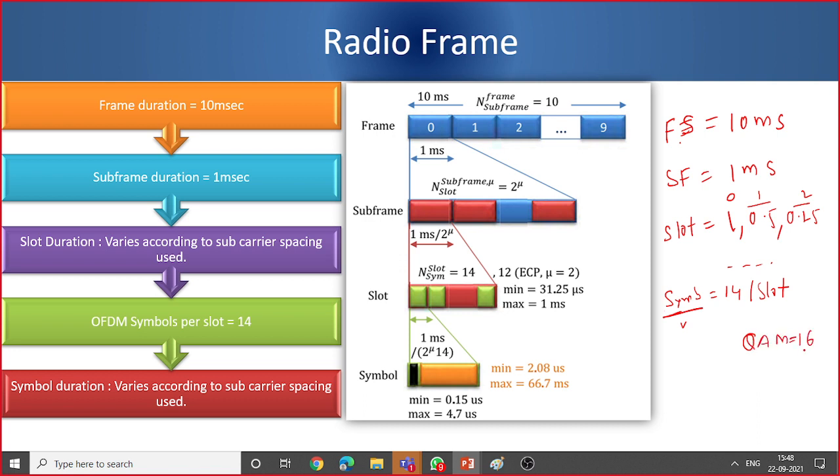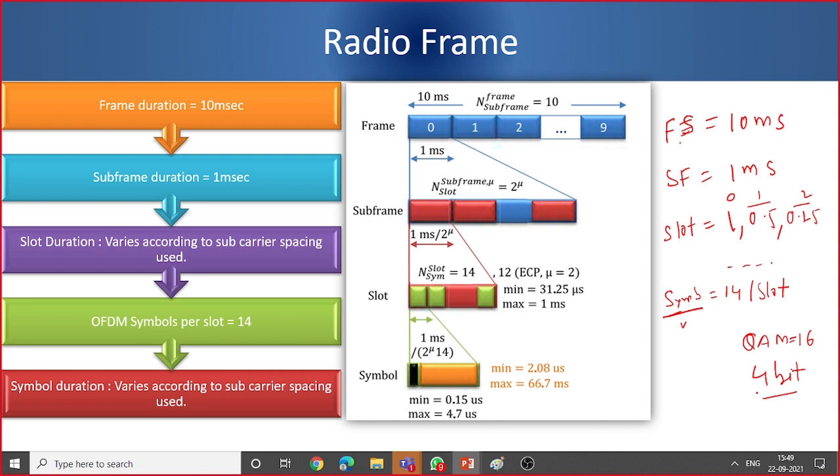If you remember the constellation diagram, there are 16 states where phase and amplitude are unique. So every particular wave with a certain phase and amplitude will represent 4 bits of data, because I am using QAM 16. There are 16 such points in the constellation diagram.